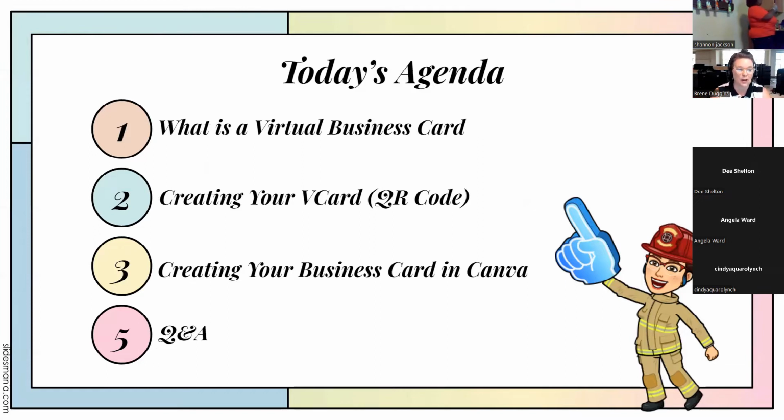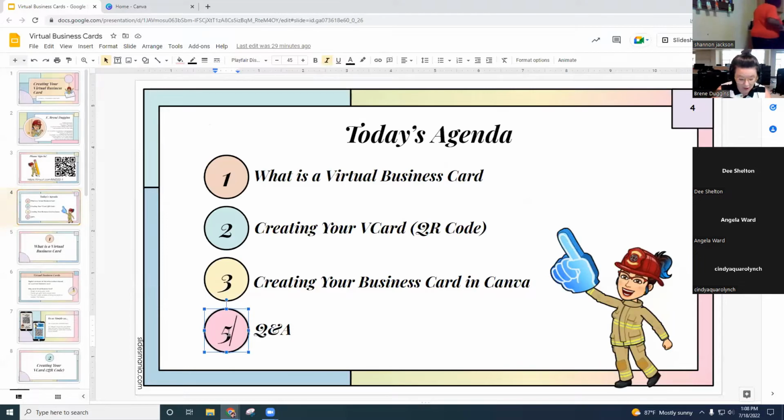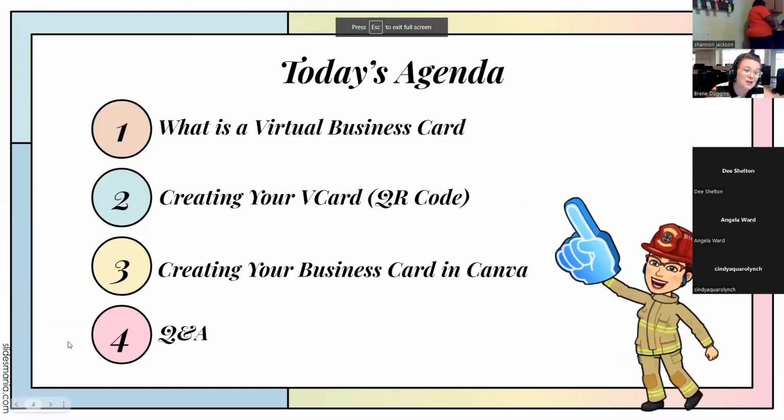We're going to start out by creating your V card, which is a QR code. Then we're going to create business cards in Canva, which I absolutely love. And the last section, which I'm not sure why it says 5, we're going to fix that really fast. We're going to do a Q&A.